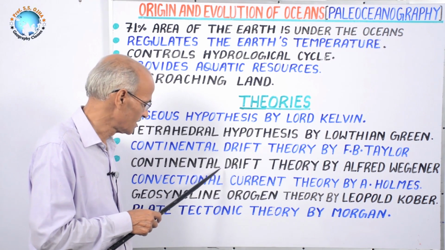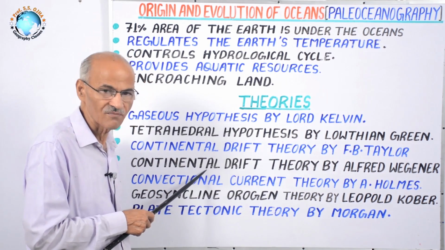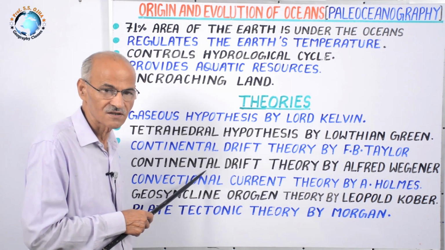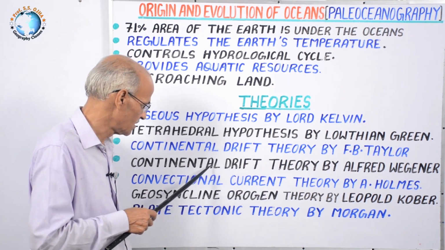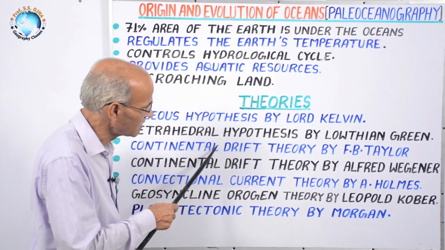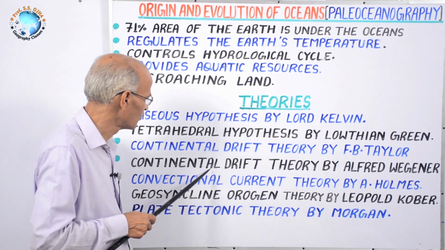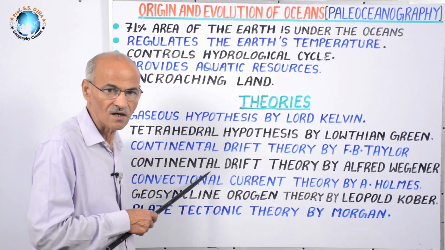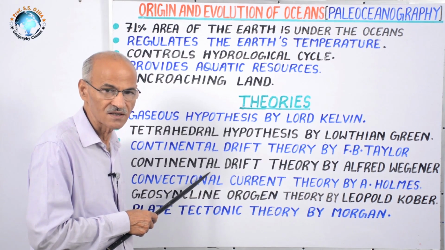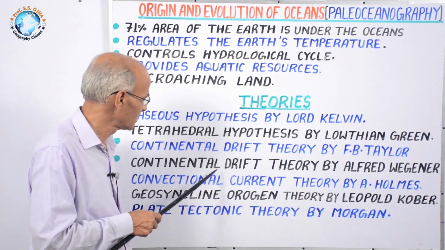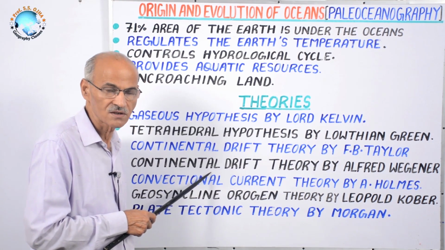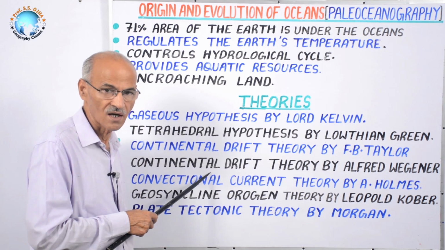To explain the change of climate and their evidences on the earth, especially all the continents, he proposed this theory, wherein he, like F.B. Taylor, proposed that there was a supercontinent Pangaea surrounded by Panthalassa. Pangaea was broken in two parts, North Angara land and South Gondwana land.